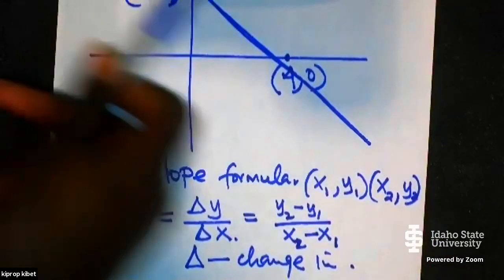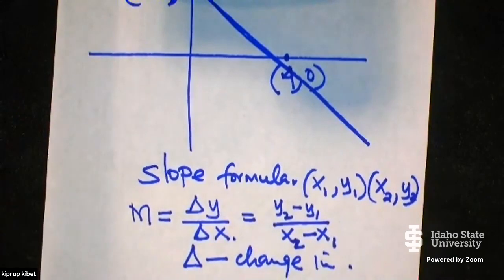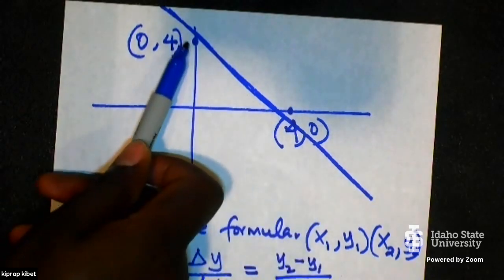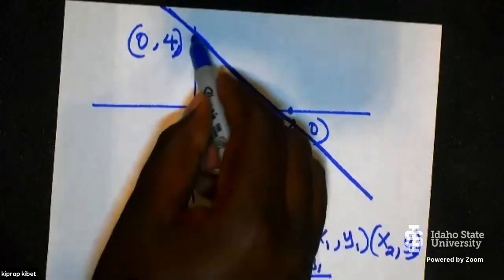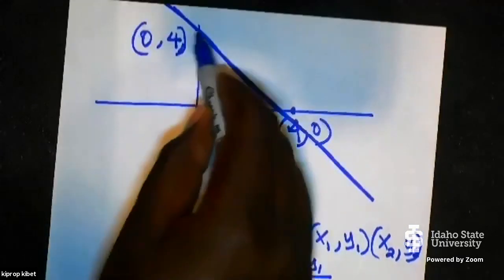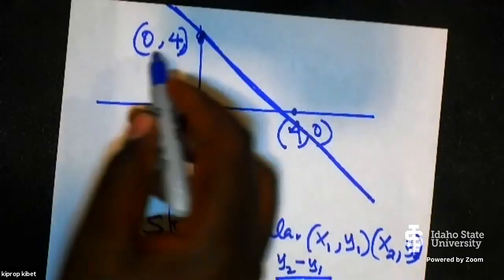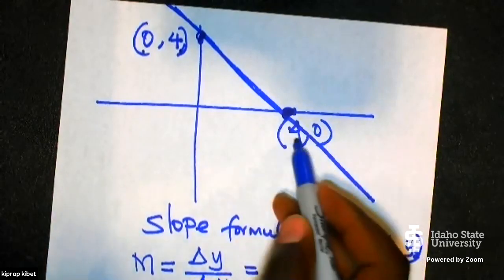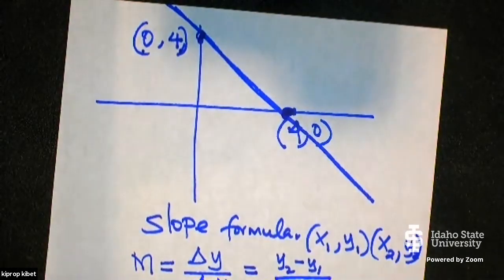So if we have this line over here, then we can get the slope of that line. So we have this point here, which is 0 and 4, and then we have another point here, which is 4 and 0. So this 0 and 4 at the top can be x1, y1.